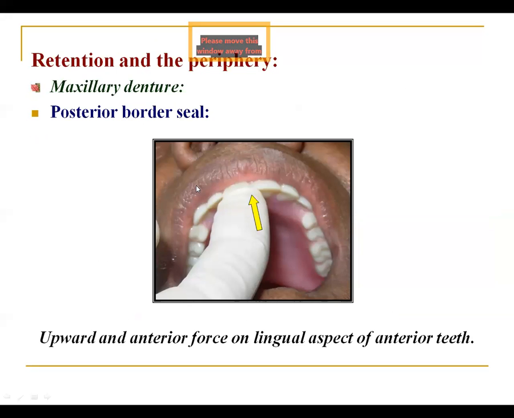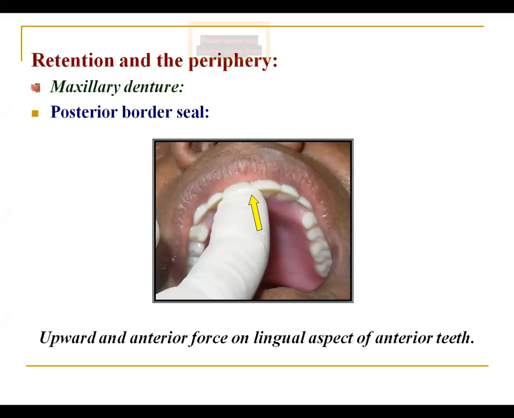Now retention and periphery of the maxillary denture. How are we going to check the PPS? As far as retention is concerned, we have already discussed two types of retention: vertical retention and horizontal retention. But when dealing with problems after insertion, we have to check the retention.